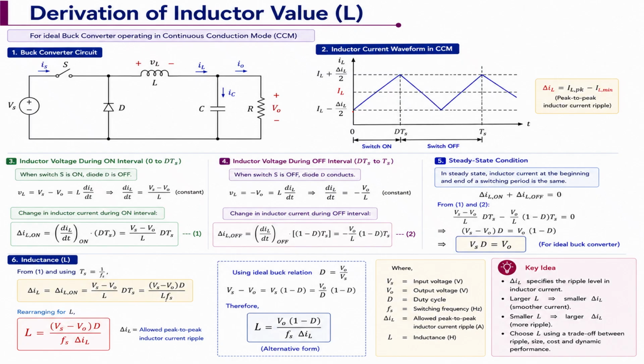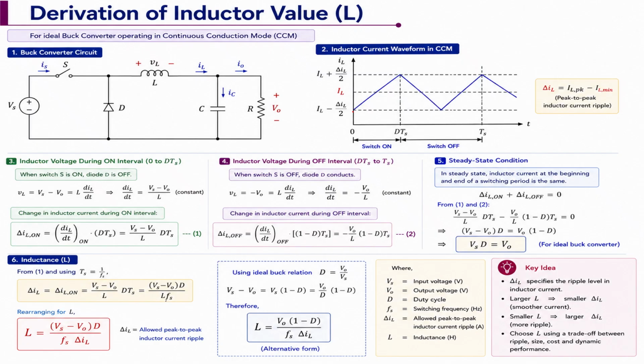Here you can see the current waveform. This is the inductor current waveform. The inductor current is in continuous mode, which means there is a current flowing through the inductor always, because the current is not touching zero.